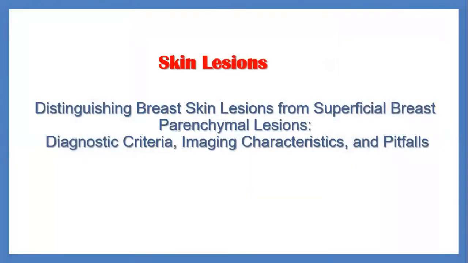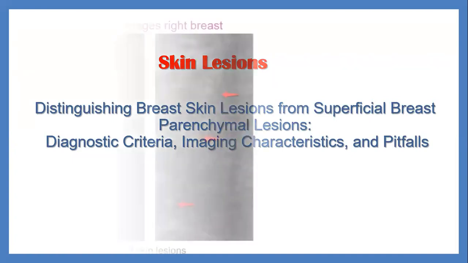So distinguishing a breast skin lesion from a superficial breast parenchymal lesion is essential. We need to know how to differentiate between the two, and there are diagnostic criteria and imaging characteristics as well as pitfalls regarding that issue.